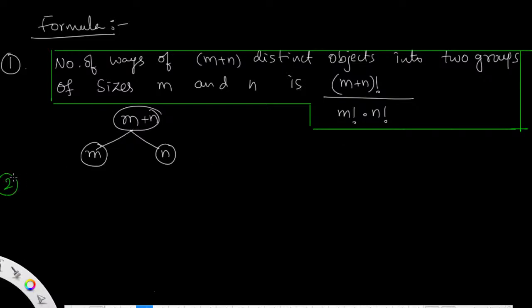Okay, similarly, the second formula. From this rough diagram, we can say directly (m plus n) factorial by m factorial into n factorial.